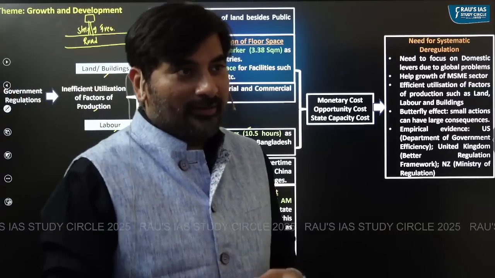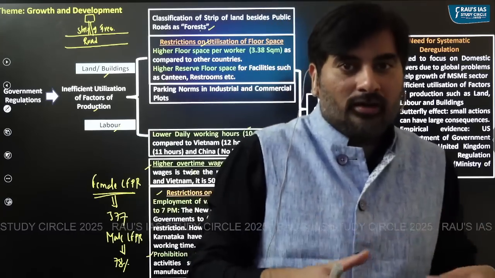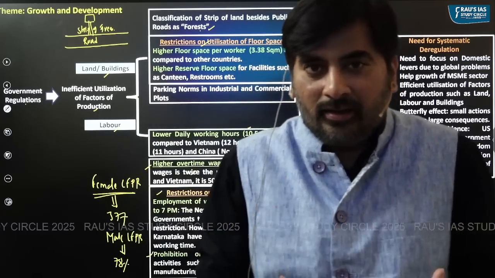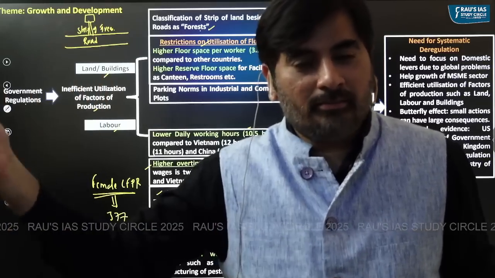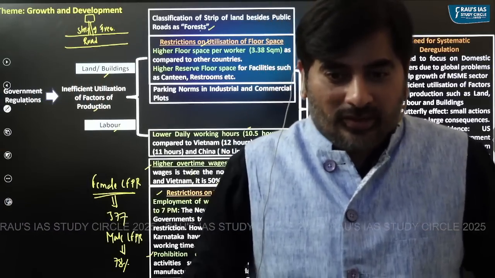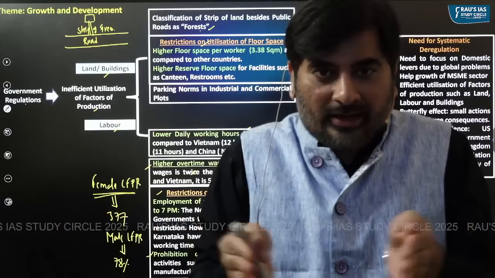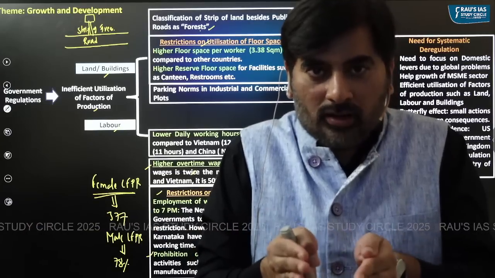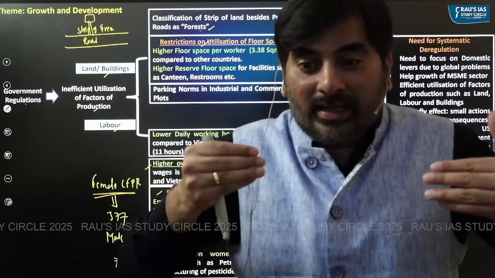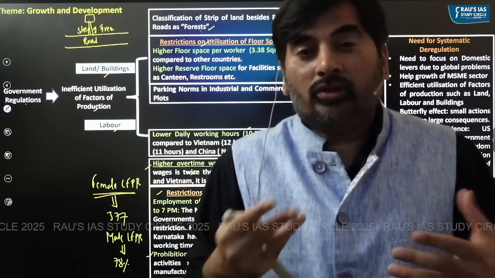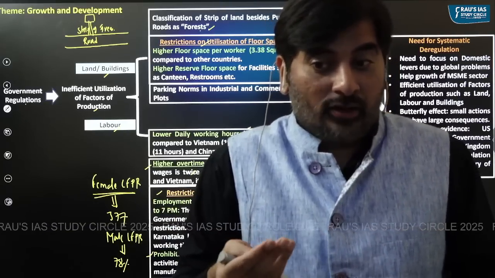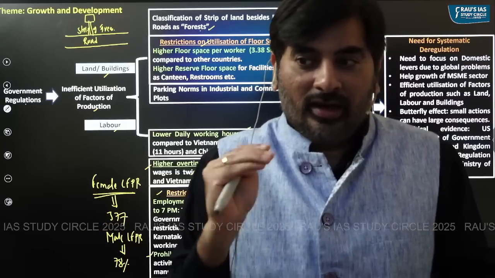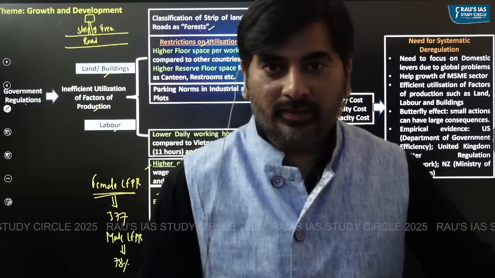But the problem is the floor space per worker which we have laid down in India is considerably higher as compared to other countries such as Malaysia. So it is being said that if you could reduce the floor space per worker, then we can actually create more jobs, which is another facet of how regulatory cholesterol is affecting job creation in the Indian economy.